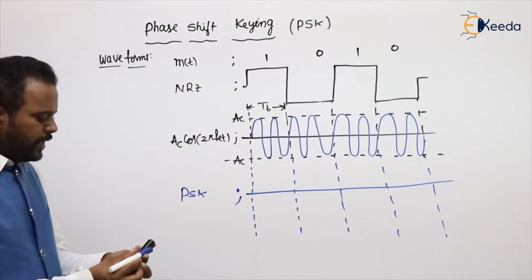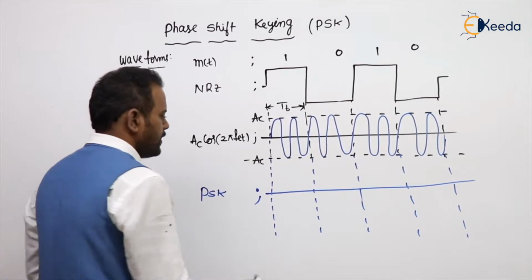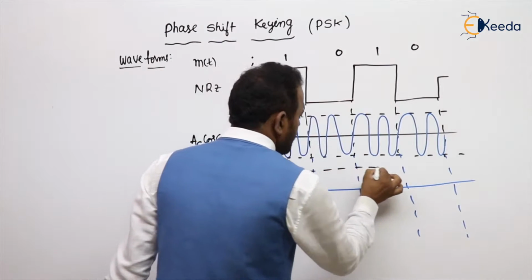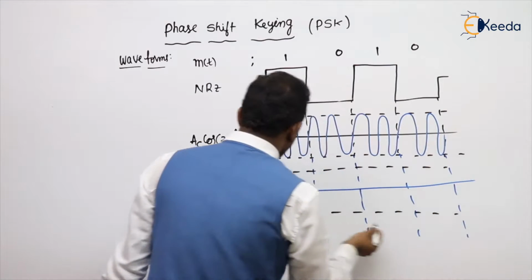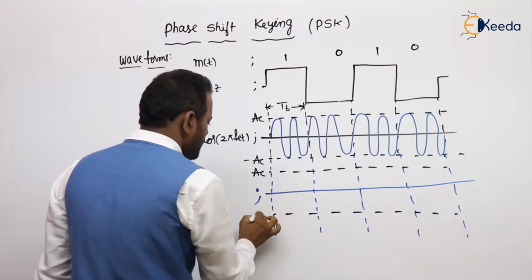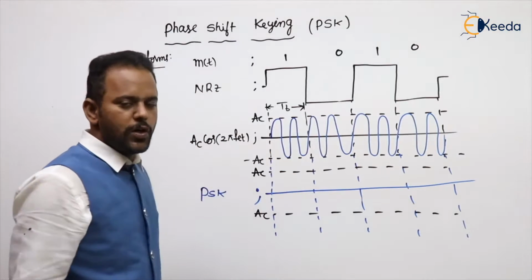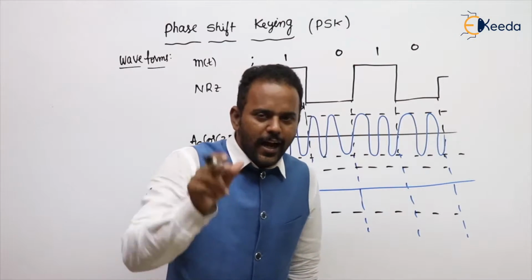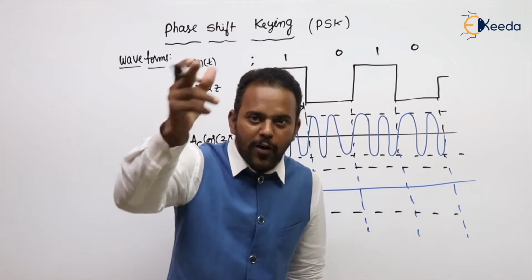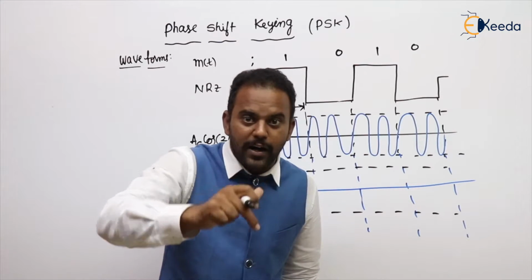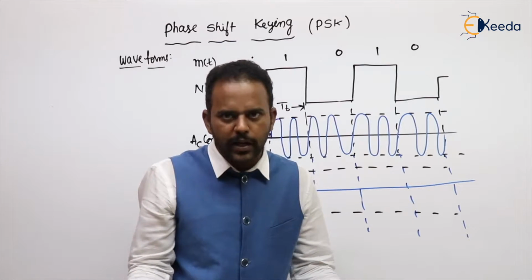What is S2(t)? 180 degree phase difference. Are you getting my point? There is no change in the amplitude of the carrier. So in the PSK scheme, no change in amplitude. So you can also think that all signaling points in the constellation diagram are of equal distance from the origin because the amplitude is not varying.